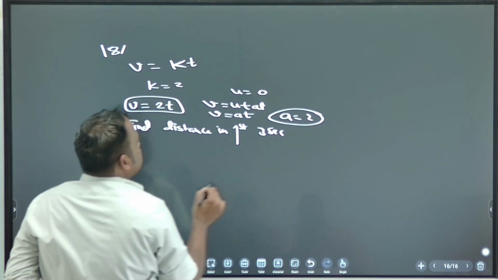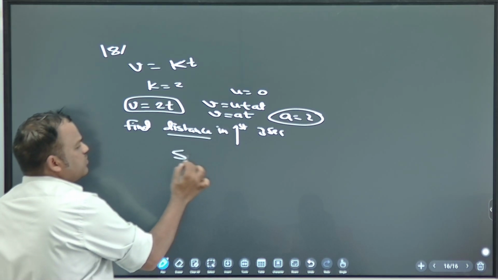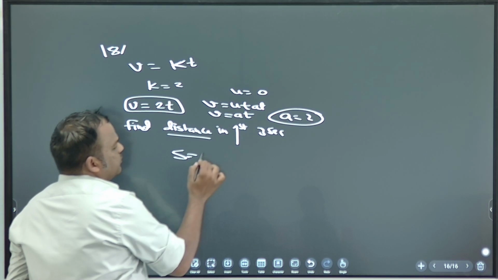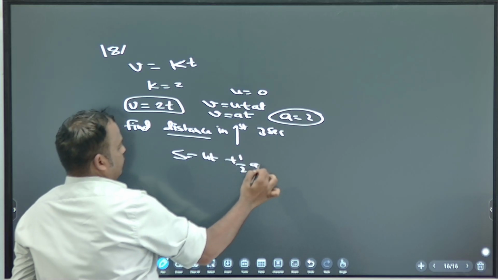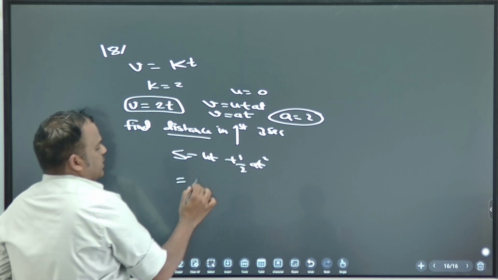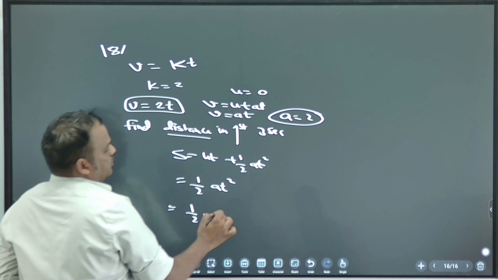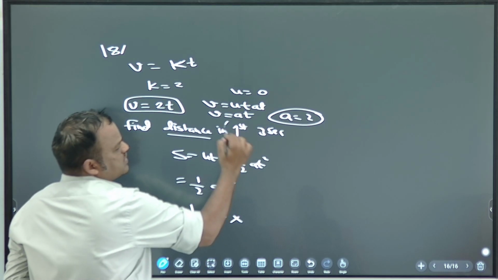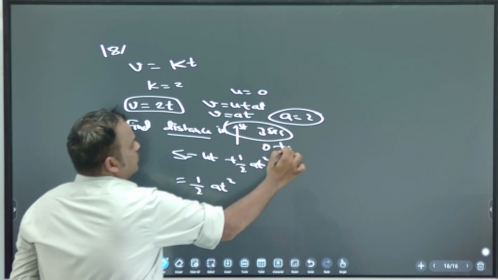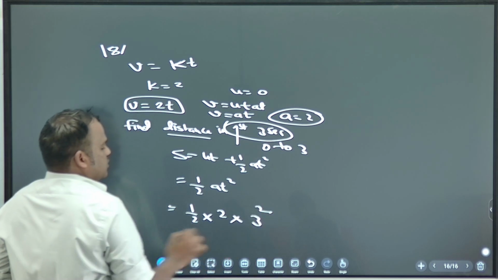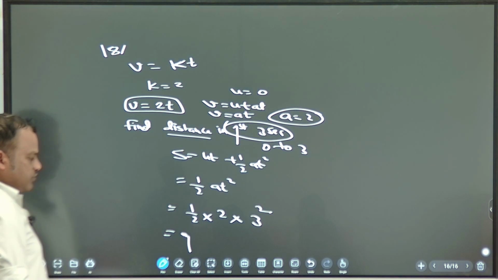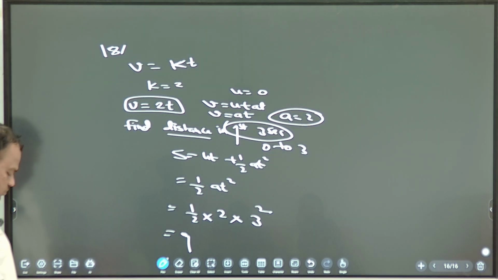Acceleration is 2. So distance in first 3 seconds you can use half AT square, U is 0. First 3 means 0 to 3, which is 3 seconds. So 3 square, 9. 2 cancels. 9 meter.